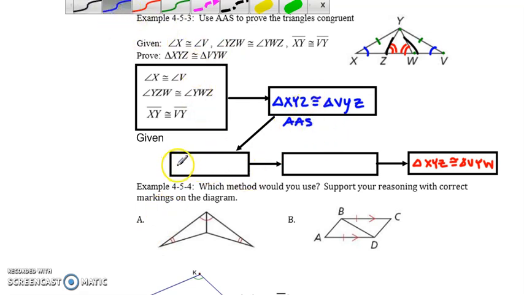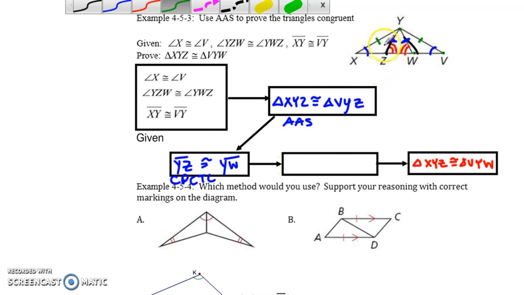We can prove that YZ, because we need this side here, YZ is congruent to YW because of CPCTC. Because those triangles are congruent, then that side corresponds to YW, that side.